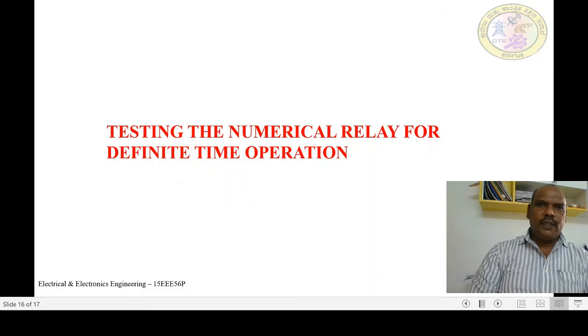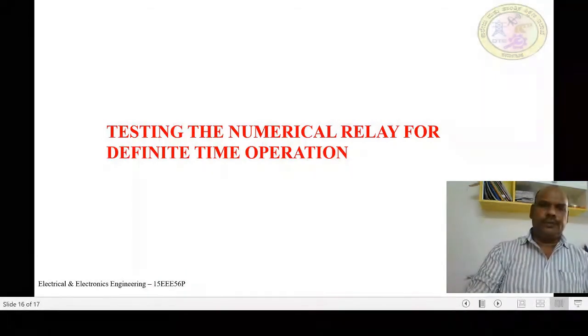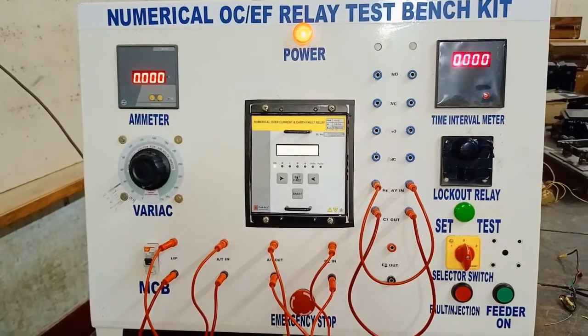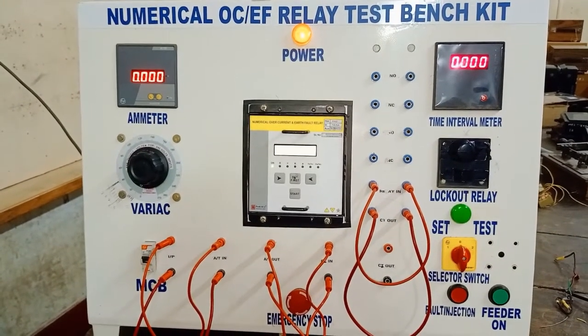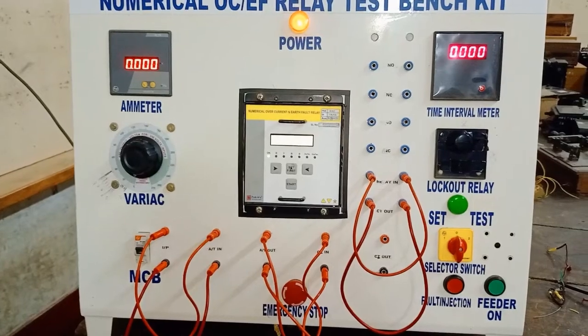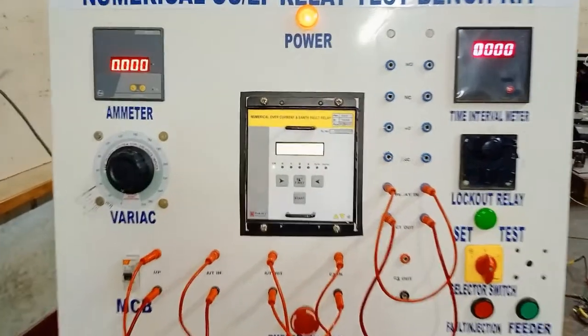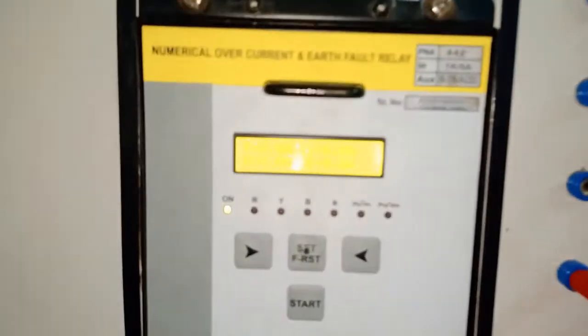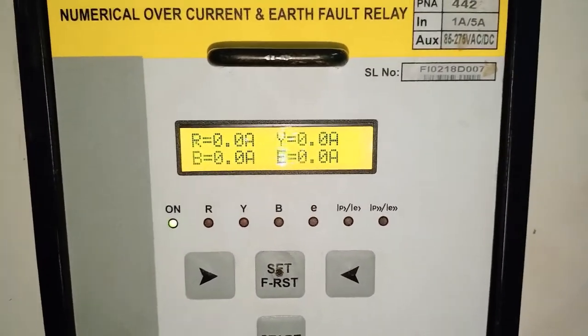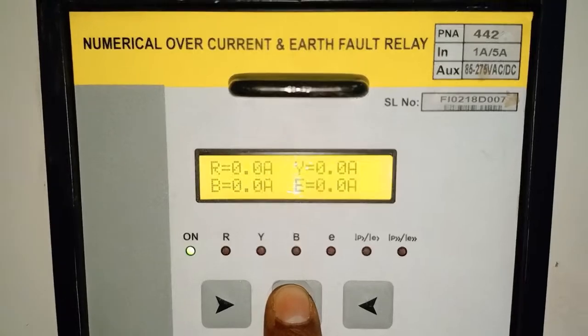Now let us see testing of this numerical relay for definite time operation. Now let us see the demo video. Now let us program this relay to operate as a definite time relay. Press and hold the set button.